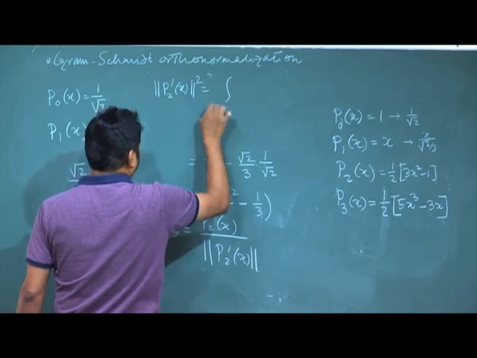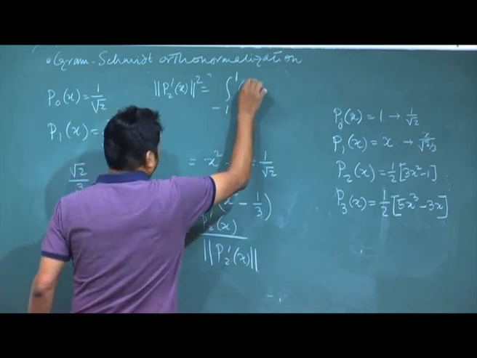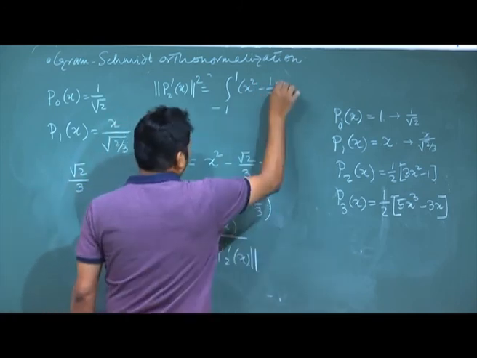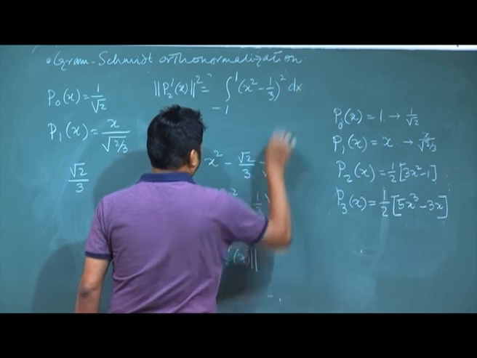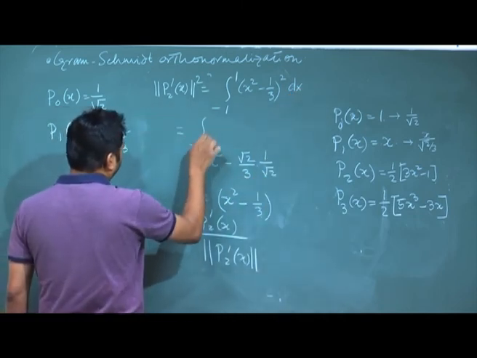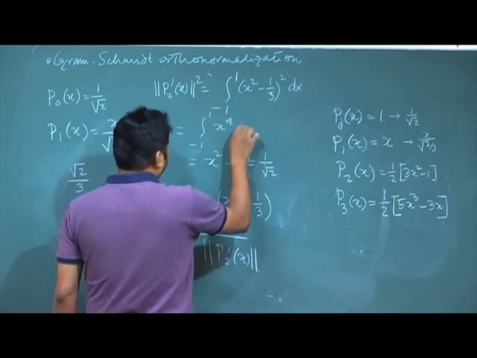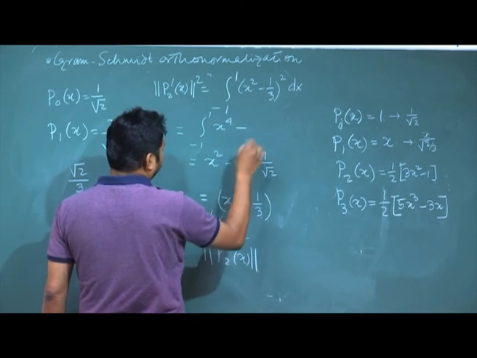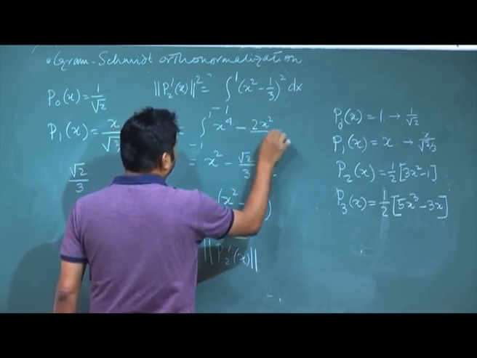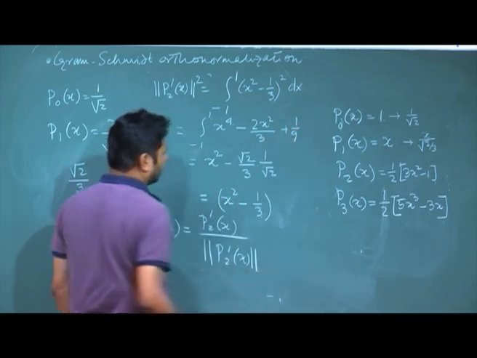It is nothing but the integral from minus 1 to 1 of x square minus 1 by 3, whole square, dx. So, this is x to the power 4 minus 2 x square divided by 3 plus 1 by 9.